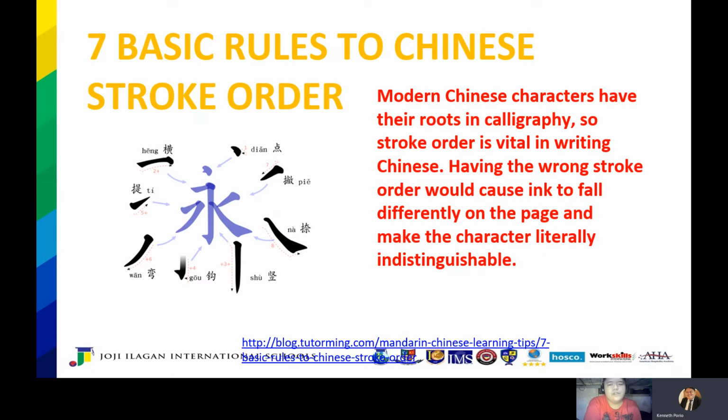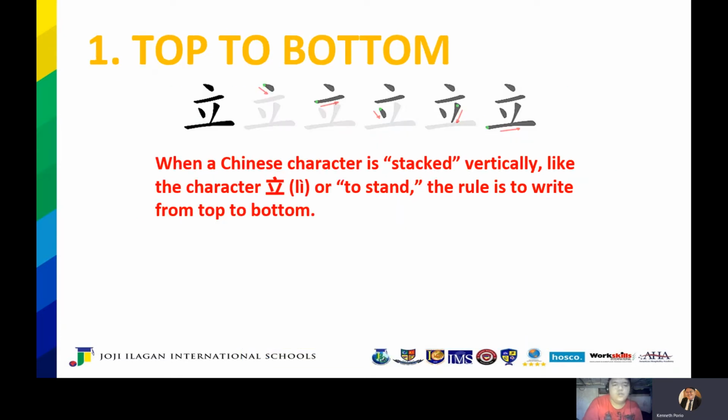So the stroke order is vital in writing Chinese. Having the wrong stroke order would cause the ink to fall differently on the page and make the character literally indistinguishable. Kaya importante na tama ang order ng pagsulat ng Chinese characters.